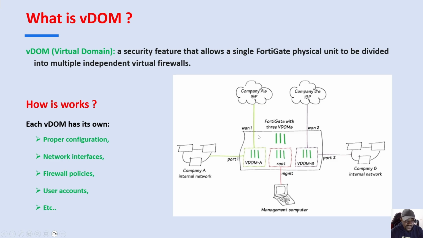For example, if your physical firewall has 16 gig of RAM, you can assign 4 gig to a particular vDOM, 4 to another. Same thing with disk, storage, and CPU. So when you create each vDOM, you assign resources to that vDOM, and that makes it easier and more efficient for a small company that needs to deploy their environment in a secure environment.